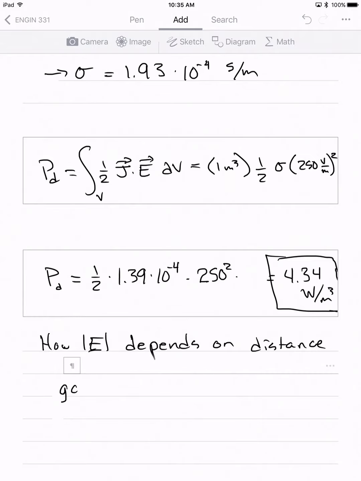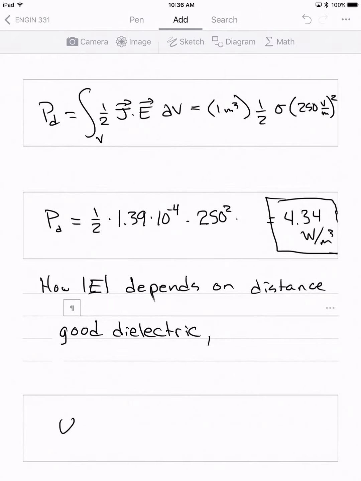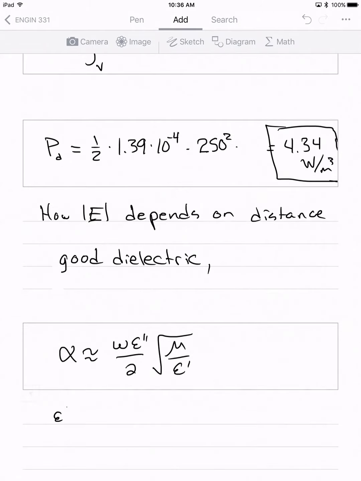In a good dielectric, the attenuation constant alpha is approximately equal to omega epsilon double prime over 2 square root of mu over epsilon prime. Here, epsilon double prime is equal to sigma over omega, and epsilon prime is equal to epsilon.